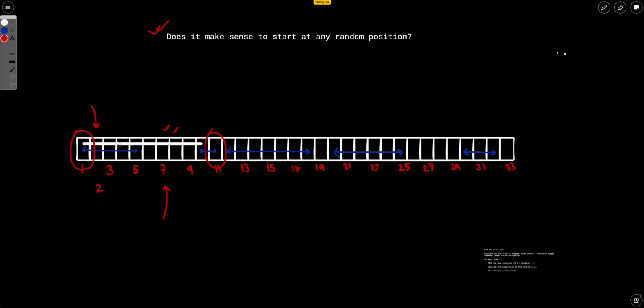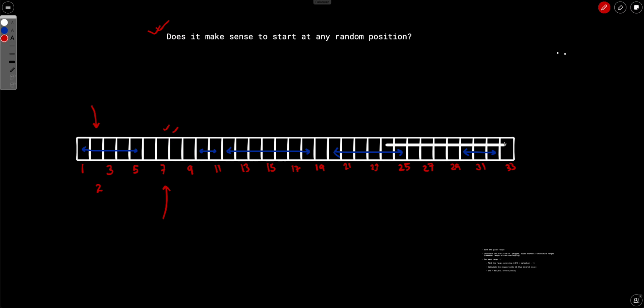Now, I am saying that we can gain something. Let's take the scenario where we have been starting from here. This cell doesn't have a starting point.